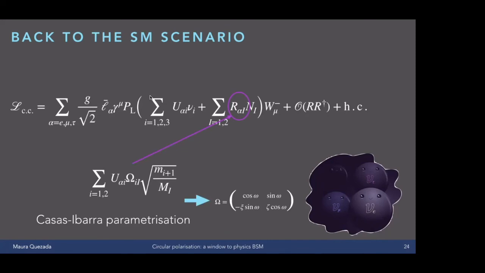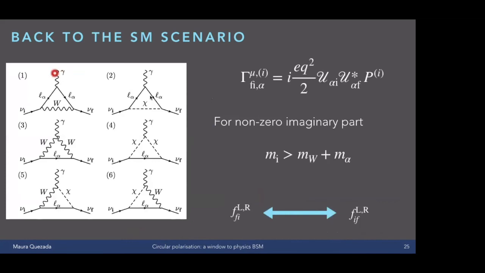To compute this numerically, we have used the Casas-Ibarra parametrization, which is basically parameterized in terms of this omega phase, a complex phase, and we will just compute again the loops for all the channels for this radiative neutrino decay.